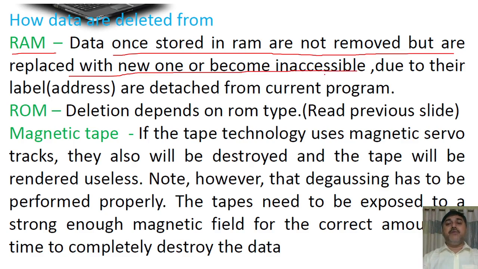That means each and every data we are storing here and working on in this structure is labeled. Labeling means we are giving it an address. As we give the address, the address dispatches the current program.